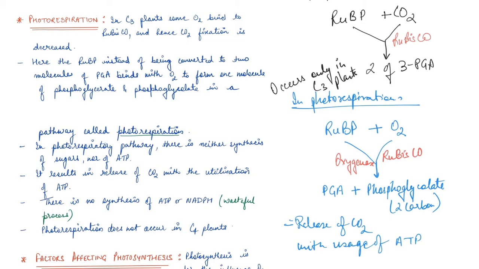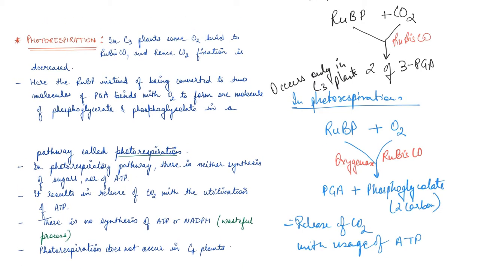So basically, this continuous release of carbon dioxide results in increasing the intracellular concentration of carbon dioxide. And in turn, this ensures that RuBisCO always functions as carboxylase, and that minimizes the oxygenase activity, right?